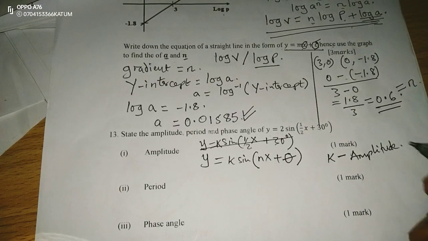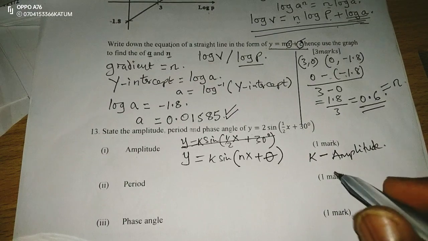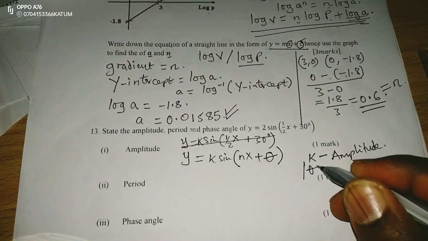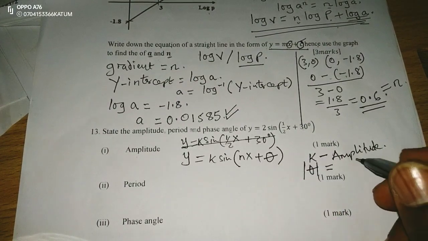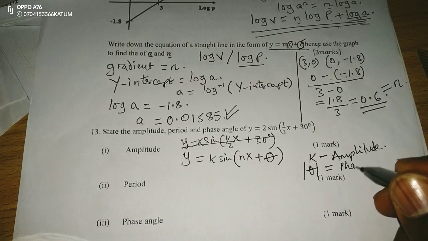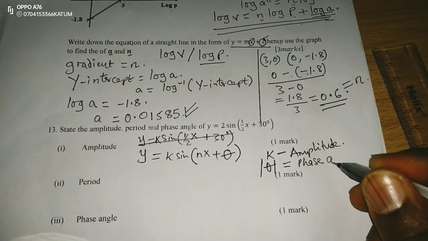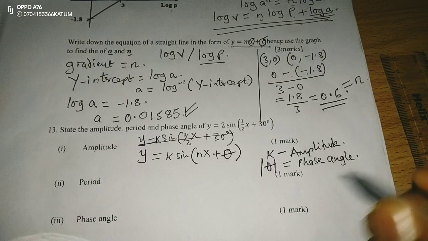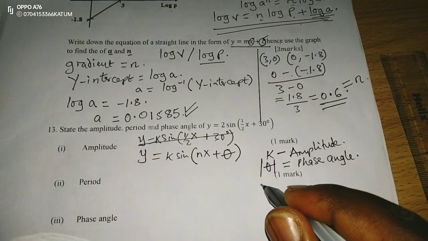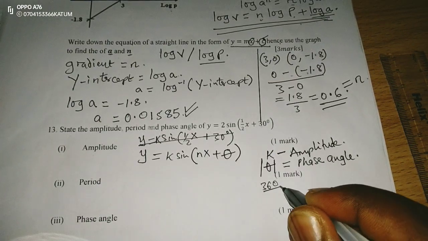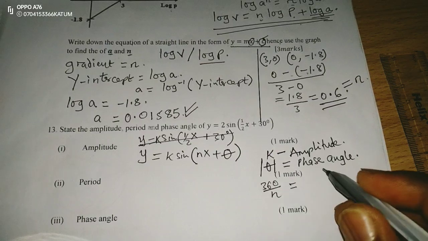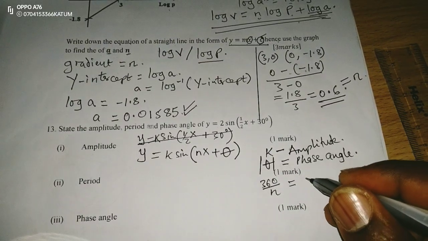The absolute value of theta gives us what we call the phase angle, and 360 divided by n gives us the period.